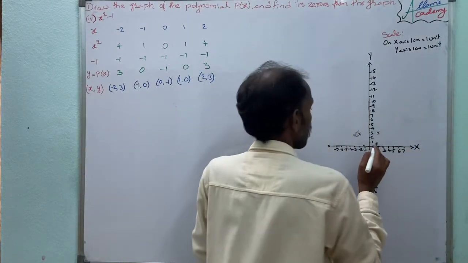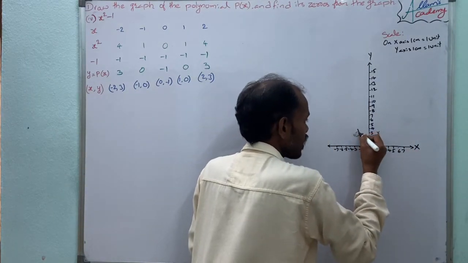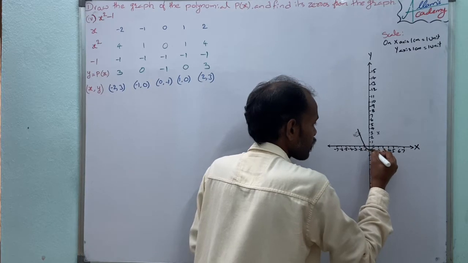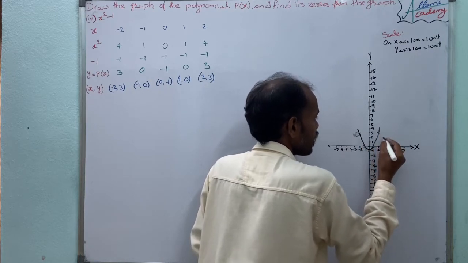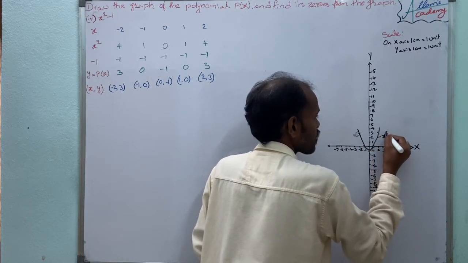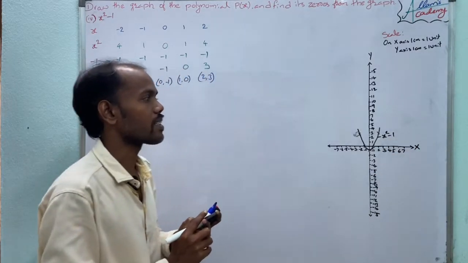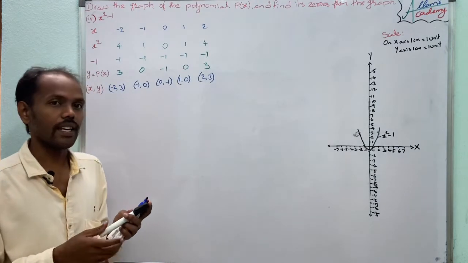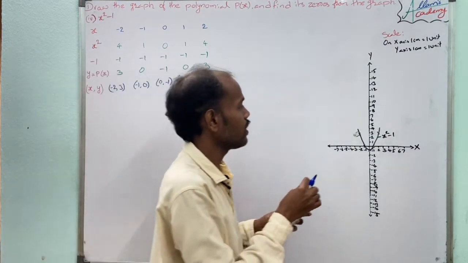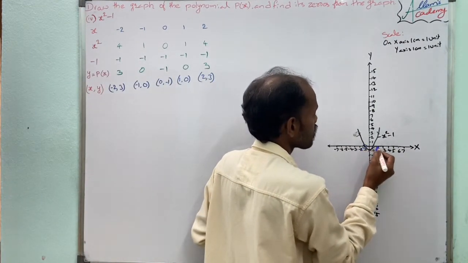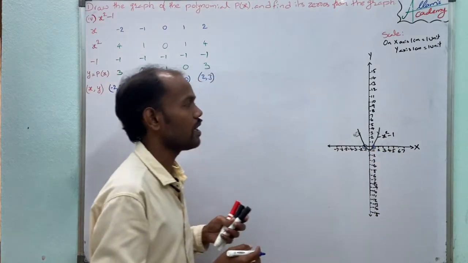Now if we locate these points and join them, it is nothing but the x square minus 1 graph. So the x square minus 1 graph touches the x-axis at which points? At (-1, 0) and (1, 0).